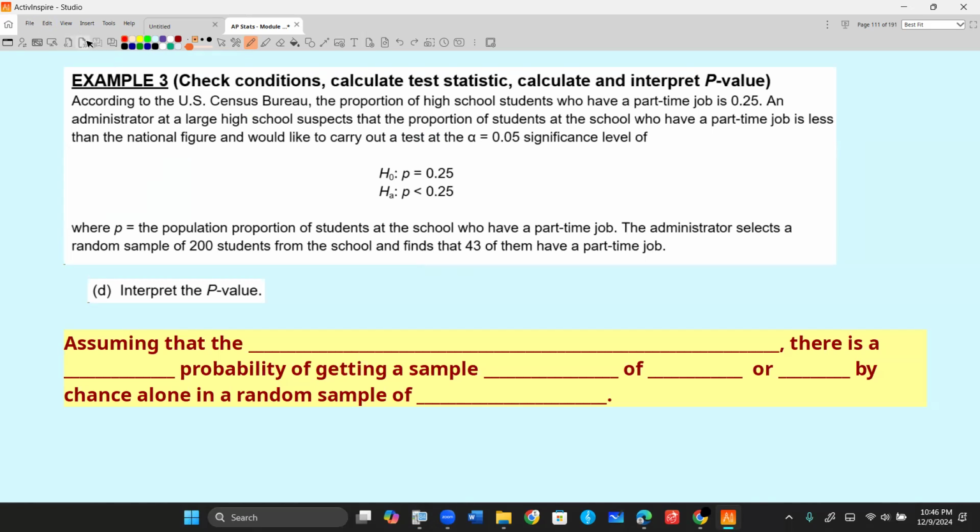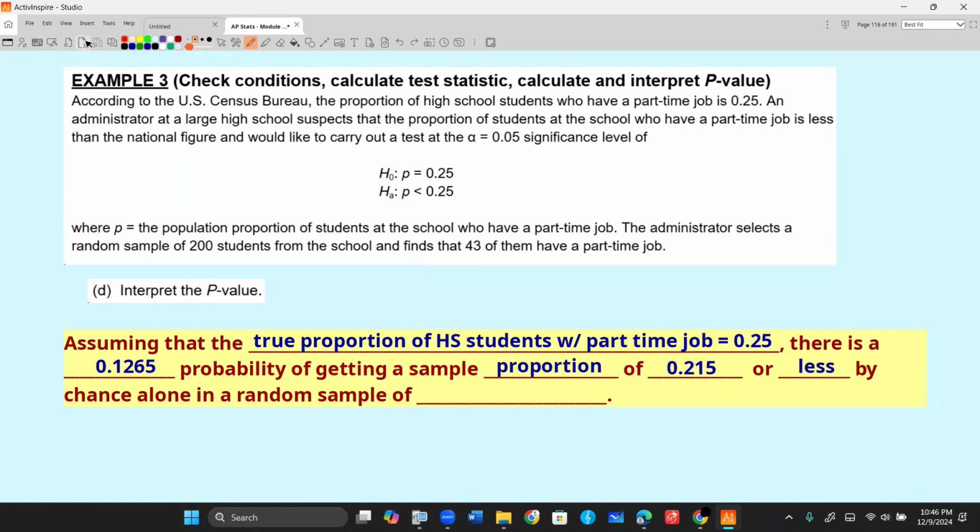In context, assuming the true proportion of high school students with a part-time job is 25%, there is a 12.65% probability of getting a sample proportion of 0.215 or less. Why less? Because of the alternative here. By chance alone, in a random sample, what are we sampling? 200 students at this school. That's your interpretation.